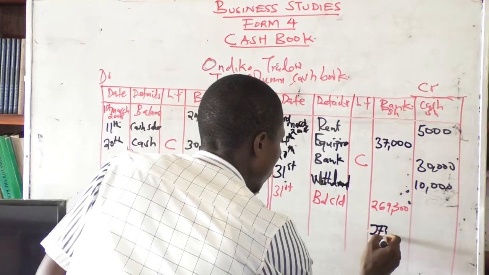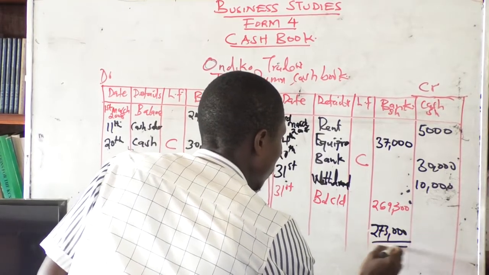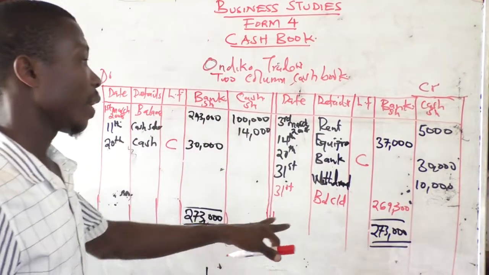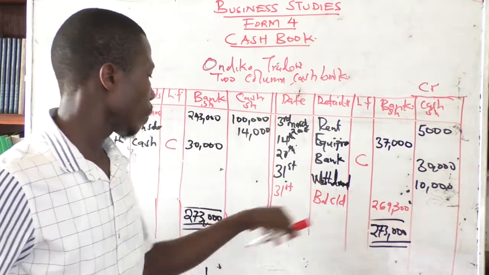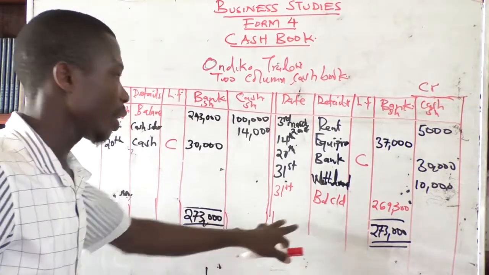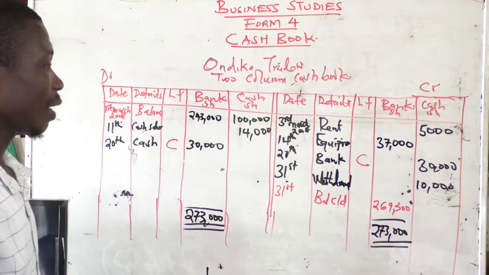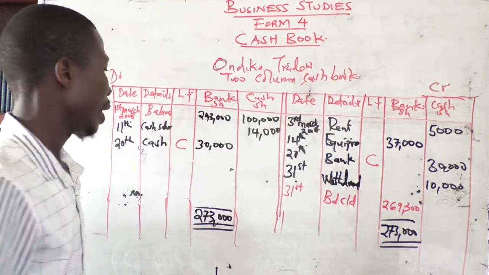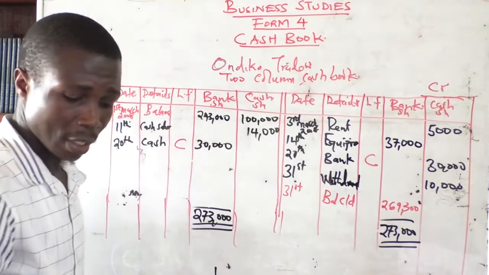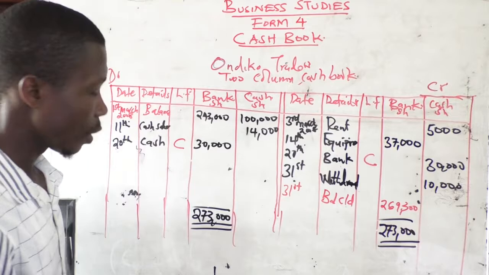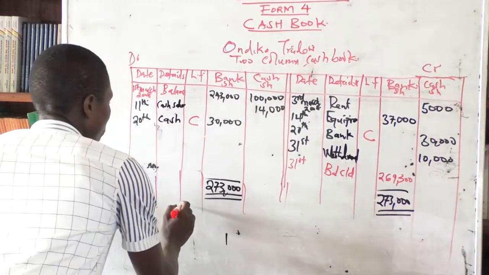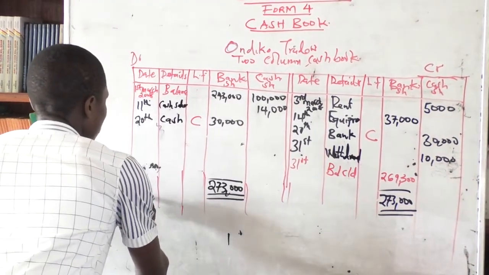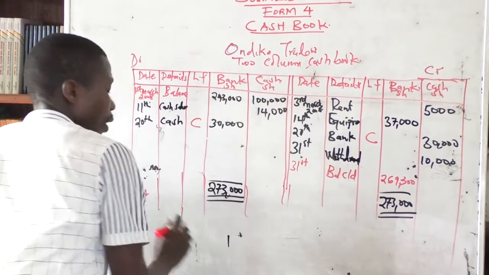So if you had 269,300 plus this one, we will have the same figure. So that means that we have balanced that. But this is balance carried down, amount remaining for it to balance with this. But also we bring it down here to show that that's the balance remaining. So let's say that if the business is being closed today, we have this money in the account. So here also we put 31st, which is the last date.